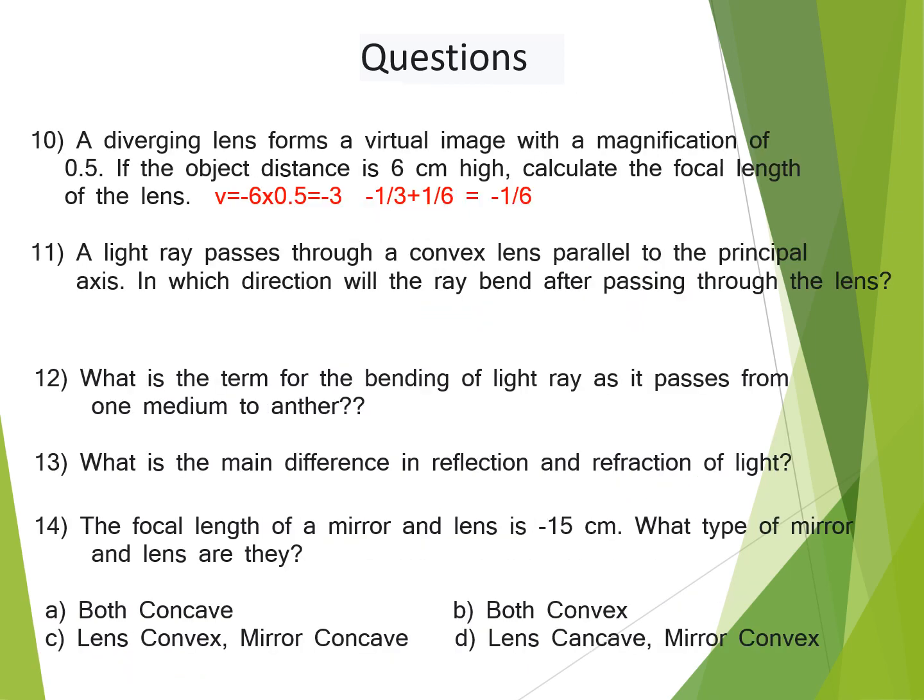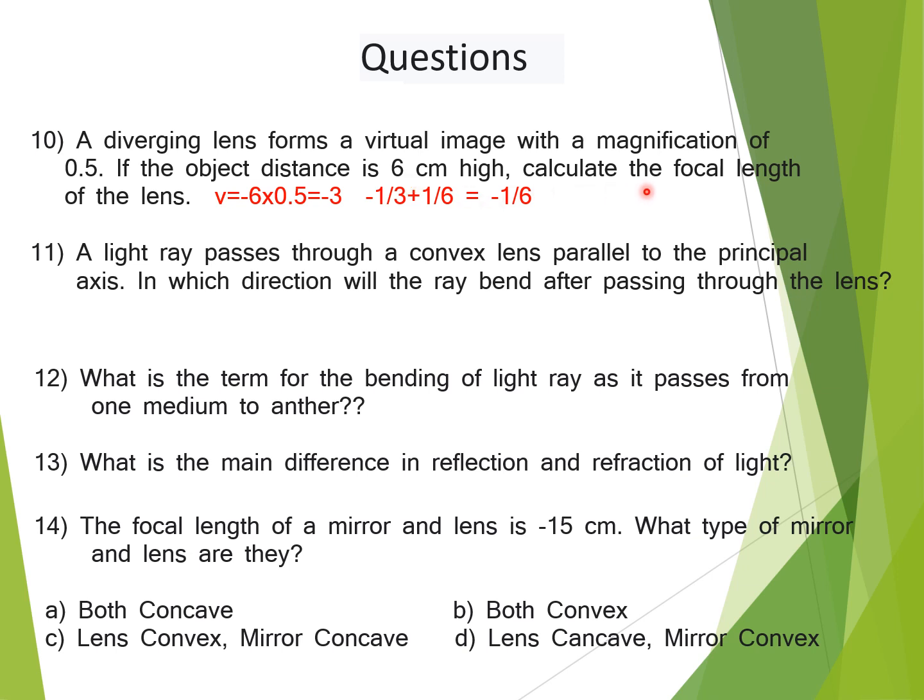Last few more questions. A diverging lens forms a virtual image with a magnification of 0.5. If the object distance is 6 centimeter, calculate the focal length of the lens. It is a diverging lens, that means it is a concave lens. Magnification is given as 0.5, and object distance U is given as minus 6 centimeter.